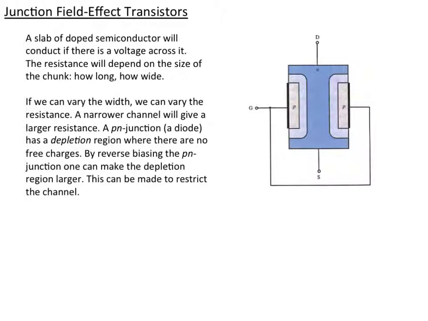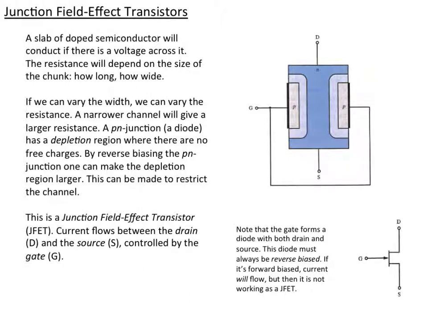This works because between the P and the N is basically a diode, but in between the two there's a depletion region where there are no free charges, so no current can flow there, and so the current flowing from the top to the bottom can only flow through this region. And if we make the PN junction more reverse biased, we can narrow this region.